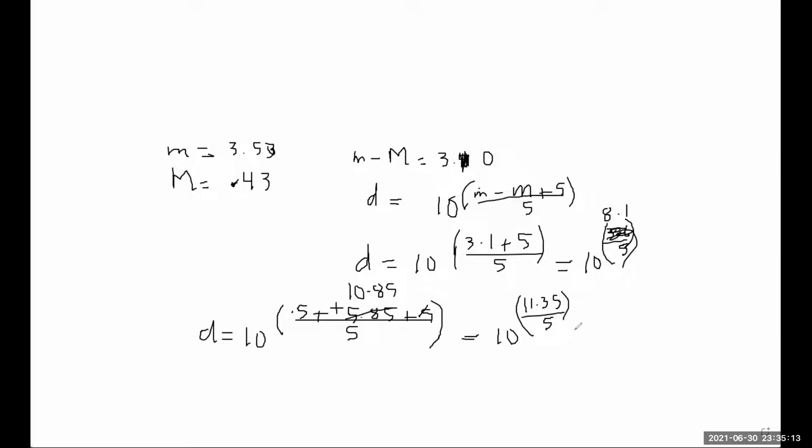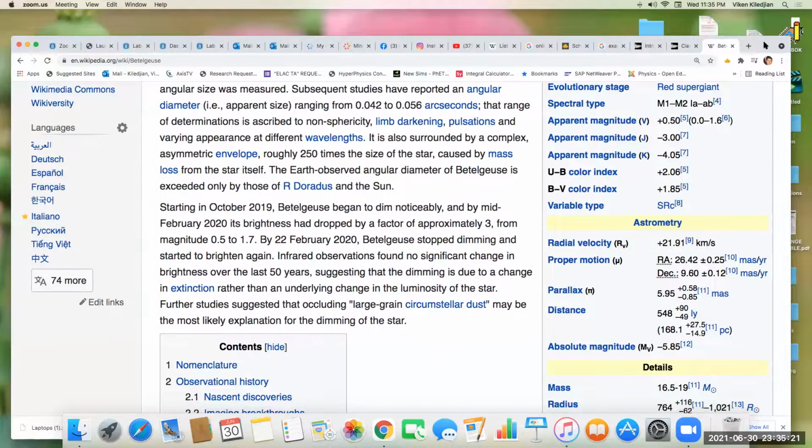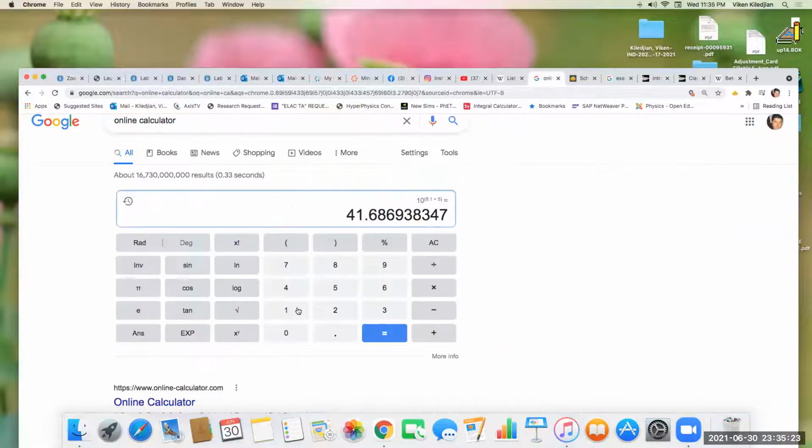So 10 to the power 11.35 over 5. So 10 to the power 11.35 divided by 10 to the power 11.35 divided by 5.